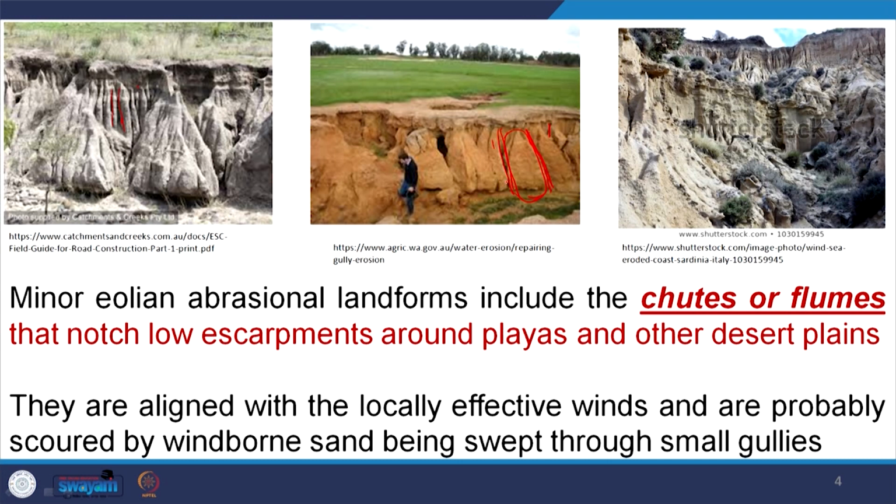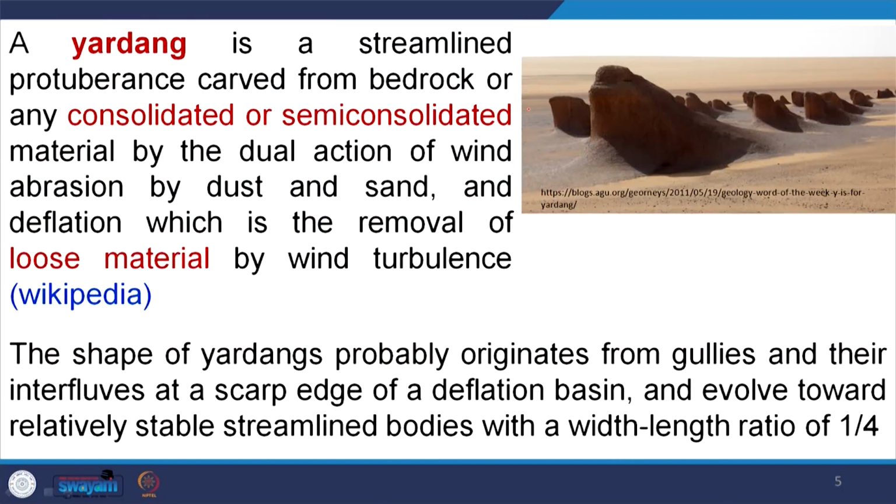They are formed by wind abrasion around these small gullies, and that is why if you take a profile from here to here, it will look like this. These areas are more eroded by wind and this area is relatively low. These are called chute and flume structures of wind erosion.